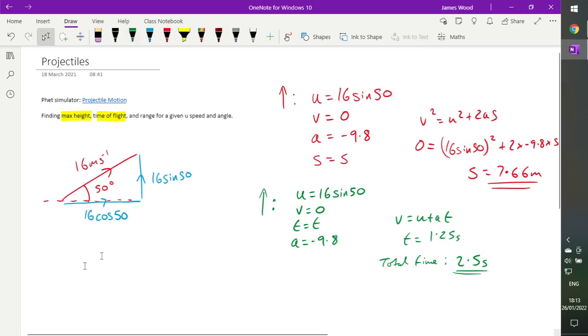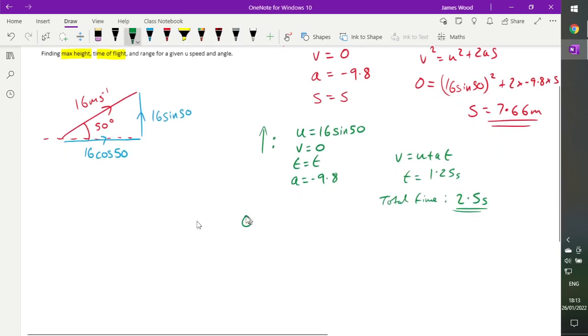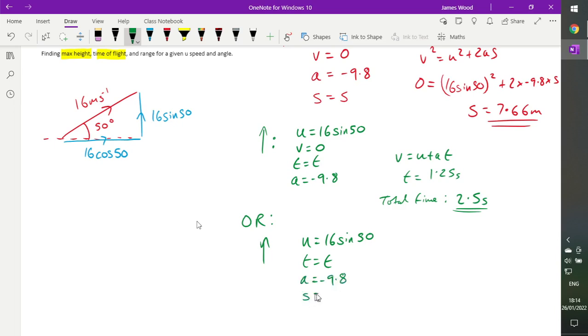And we used this method when we did SUVAT before, when we were just doing it in the year 1 content. So we can say that u is 16 sine 50, and then we can't use v in this case. We want to find out what t is. a is minus 9.8, but we also know the displacement is 0 vertically.